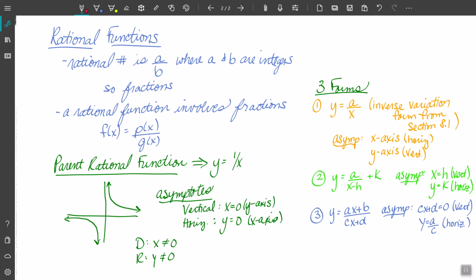and the parent function is going to look like this graph here in green. So the function itself will take this form, the parent function, y equals 1 over x. That should look a little bit familiar to you because if you look over here at the first form of these that we're going to talk about in orange, the y equals a over x, that's the inverse variation form that we talked about in section 1.